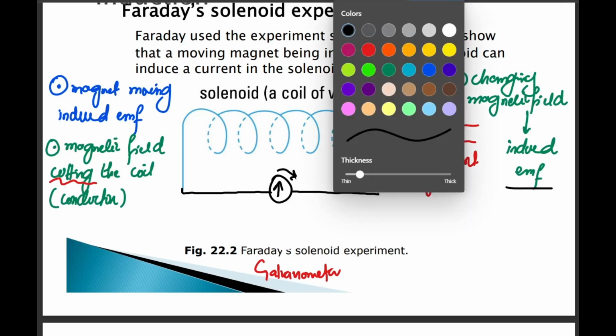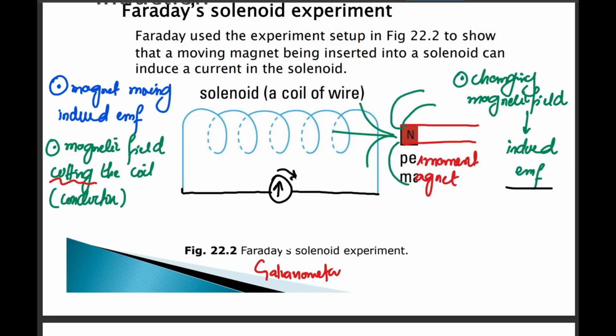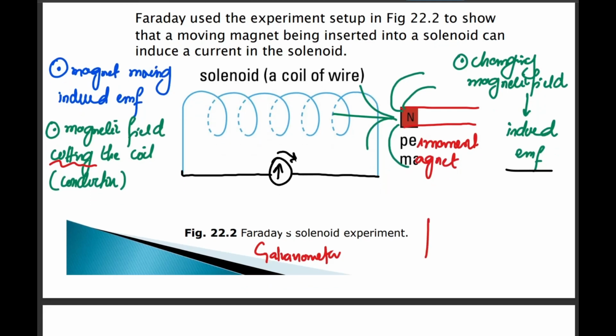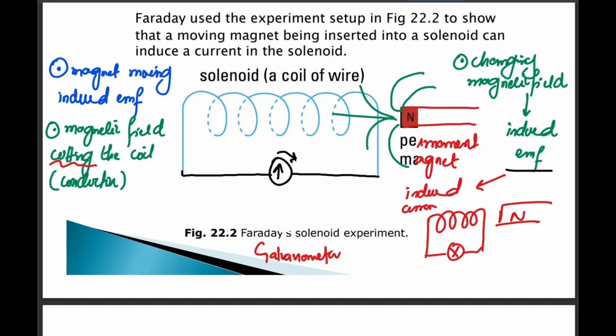If you want this to cause induced current, then you'll have to connect all of this setup with a resistor so that current may flow. So with the same coil and magnet setup, if you connect a bulb, a load or a resistor, this induced EMF will now cause induced current.